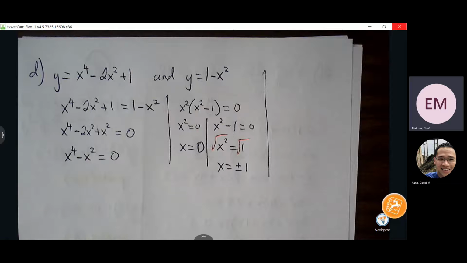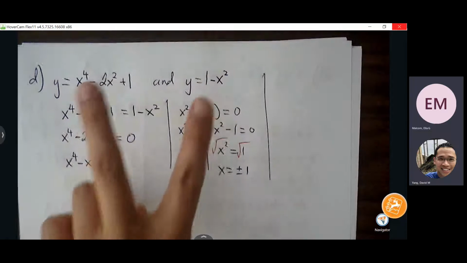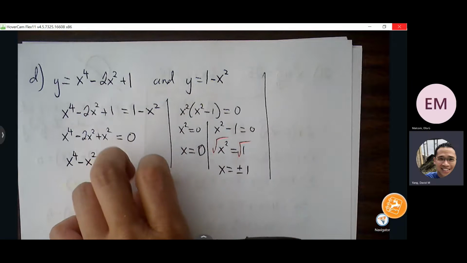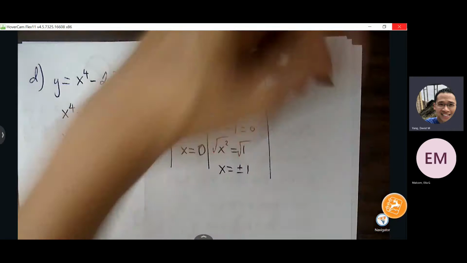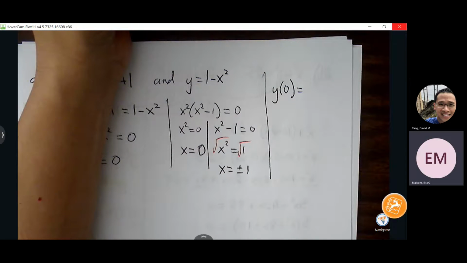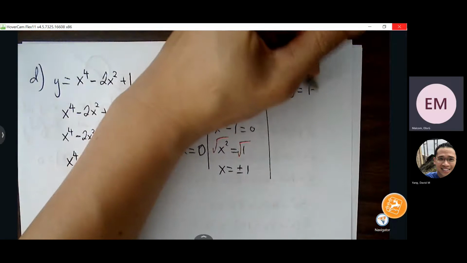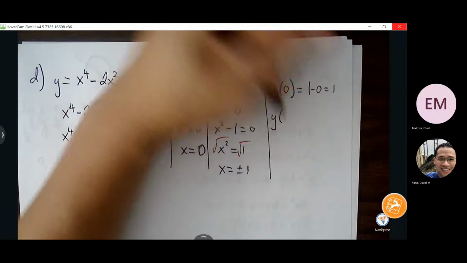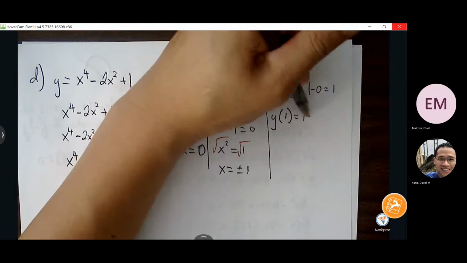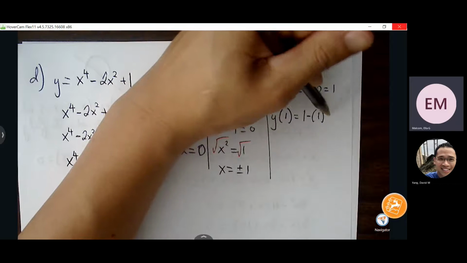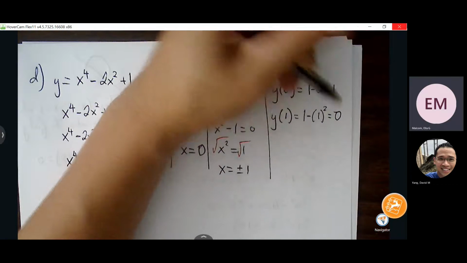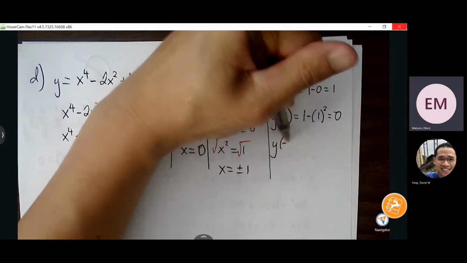So we can plug this in. Does it matter which one you plug into? No, so we usually just pick what we think is easier. So y equals 1 minus 0 equals 1. y equals 1 minus negative 1, which equals 2. y equals 1 minus 1, which equals 0.